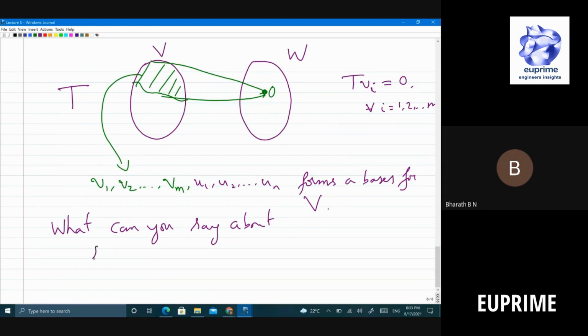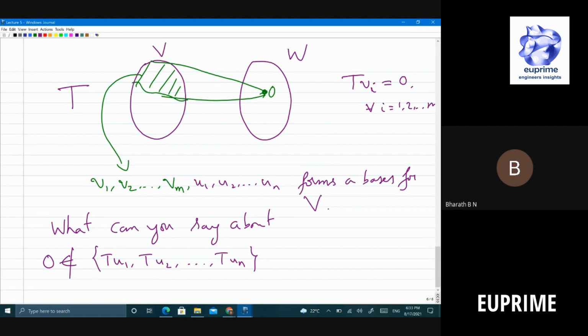I know what happens to T v1, T v2, right? It will give me 0. What happens to this? This definitely doesn't give you 0, right? For sure, 0 does not belong to this. That's something that we know. But what can you say about this set of vectors?